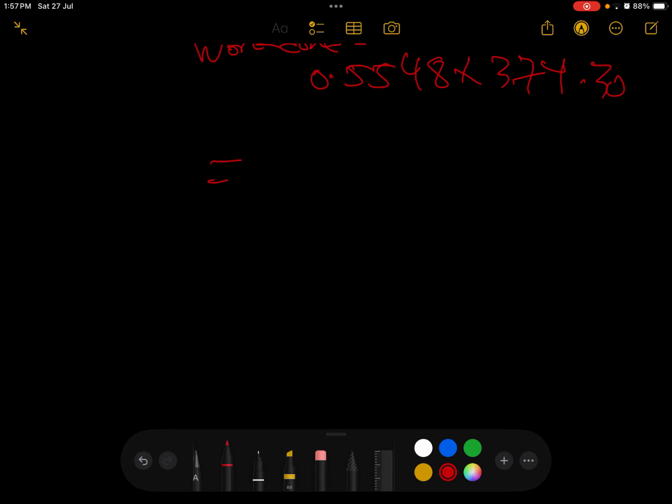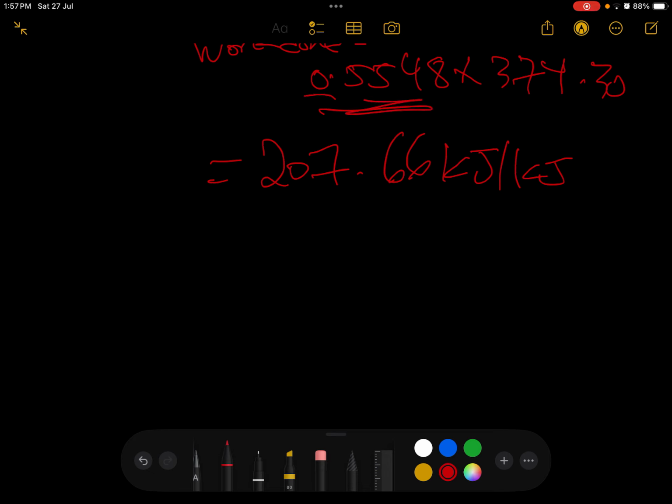So finally the work done equals 207.66 kilojoules per kg. Because the percentage has no units, you just multiply it with the kilojoules per kg we found. It's like multiplying by 1, so it's going to be kilojoules per kg. Okay, so that's the answer.